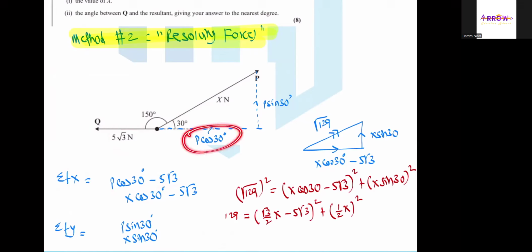And the magnitude of P is specifically X. So X cos 30 minus 5 root 3 is the sum of the horizontal forces. Then we find the sum of the vertical forces, which is only one component, P sine 30, because Q is acting horizontally towards the left, so the vertical component of Q will be 0.